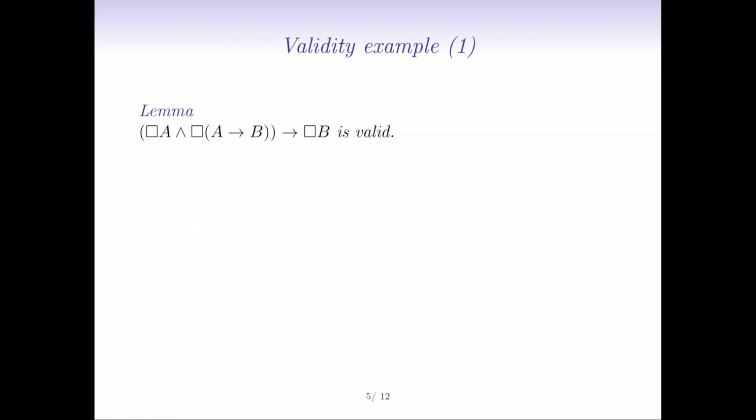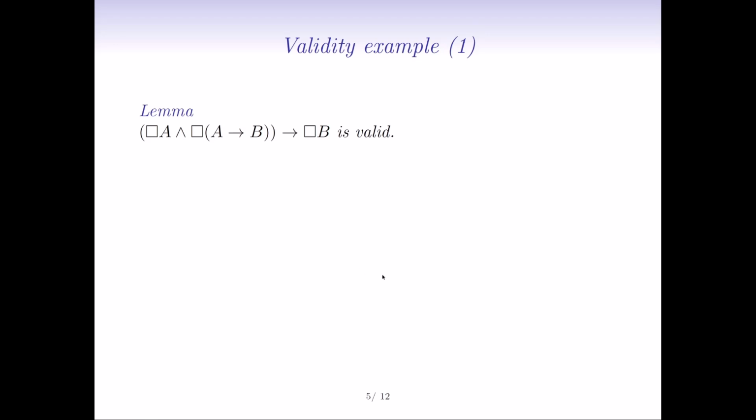Let's also go on and repeat the example that we did last time to finish off, because I think it's good just to get us back into the swing of things. So here's an example of a formula which is valid in all frames, so it's kind of always true everywhere.